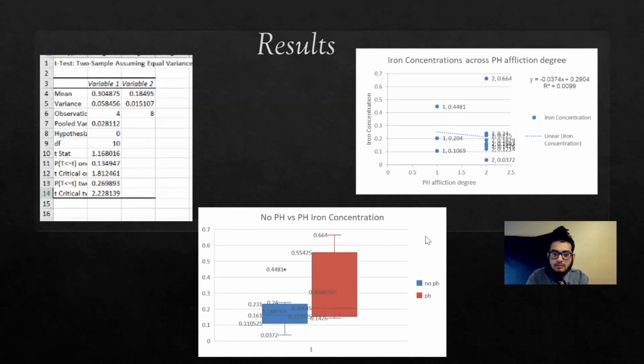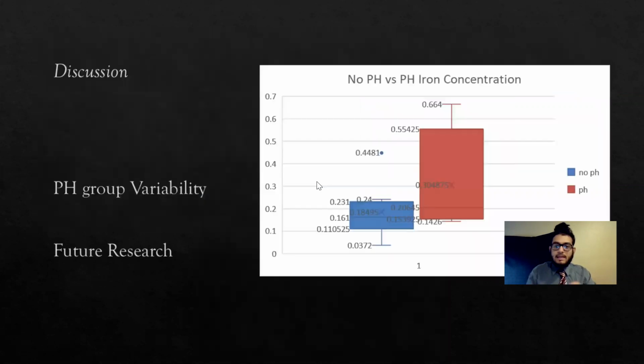And looking at this box plot here, we can see the variance of the iron concentrations that were found in our groups. And as you can see here, the iron concentrations were actually higher in individuals that had porotic hyperostosis when compared to those that did not. That is something very important to mention because seeing iron concentrations higher in individuals with porotic hyperostosis is actually the opposite of what we would expect to see if the iron deficiency anemia hypothesis was true.